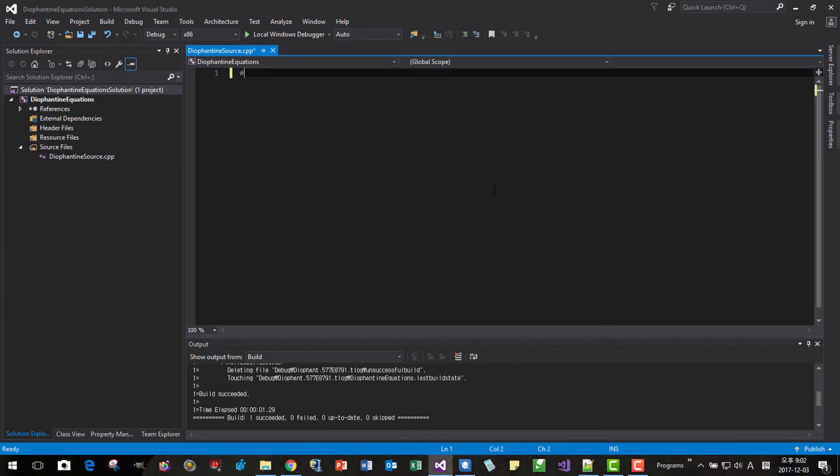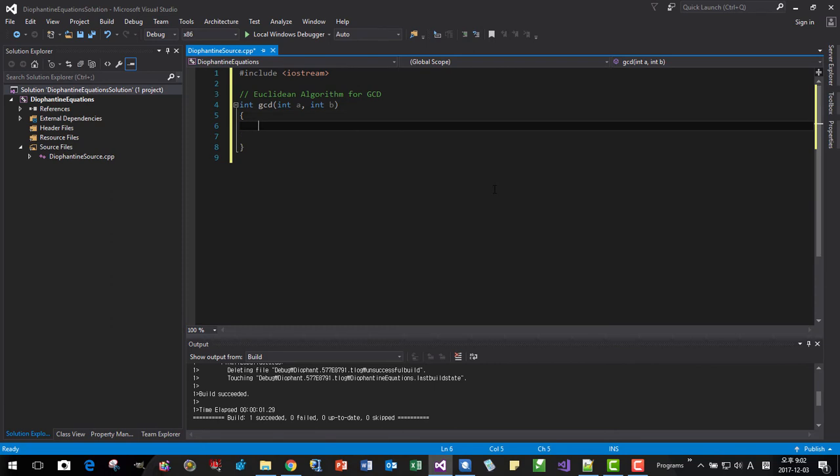Here I include iostream. Now here I will create GCD, int A, int B. This is the Euclidean algorithm for GCD, greatest common divisor.